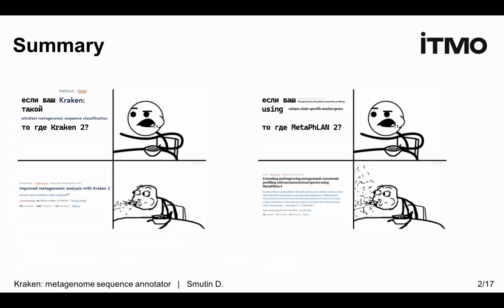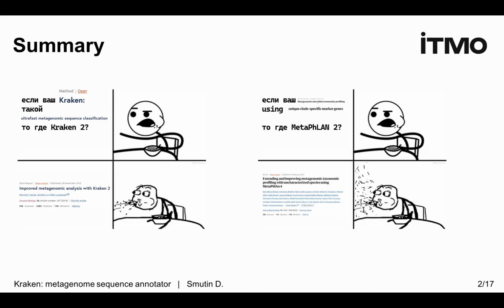So Kraken is a really good program which has a really big impact on modern metagenomics. It is becoming the golden standard. Unlike other classifiers, it uses just a k-mer classifier.